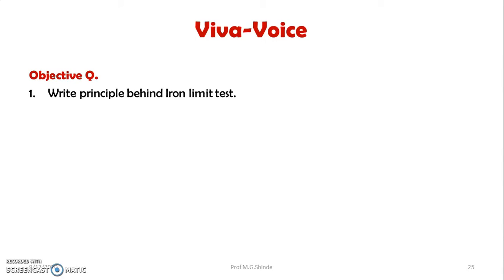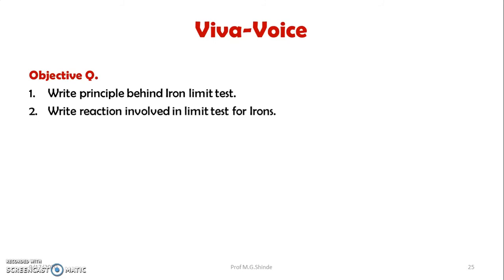A pale pink or deep reddish purple color is obtained because the ferric ion is reduced to the ferrous ion by the thioglycolic acid, and that will give ferrous thioglycolate. So this is the simple principle on the basis of which we can perform the iron limit test.